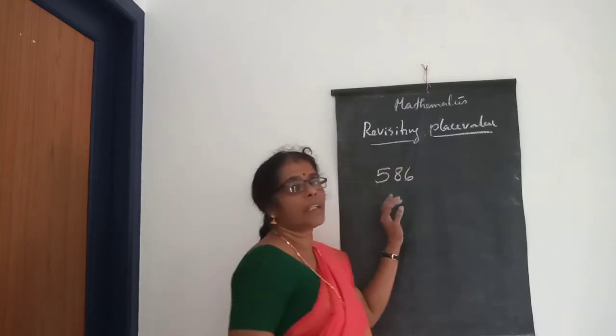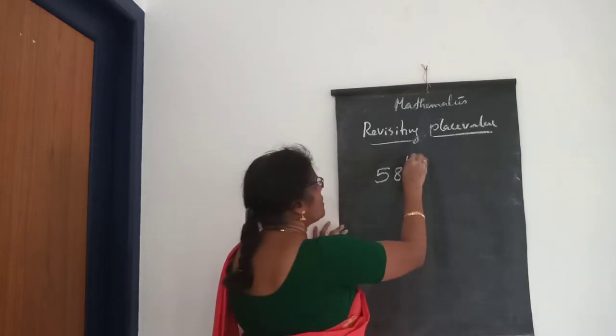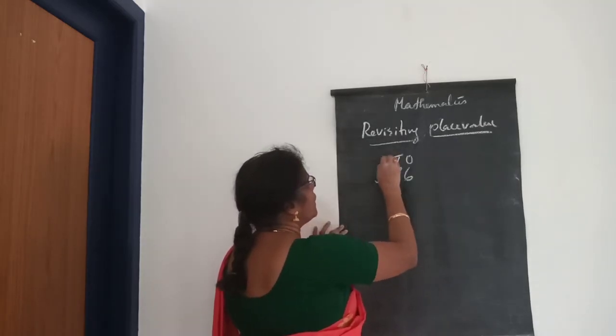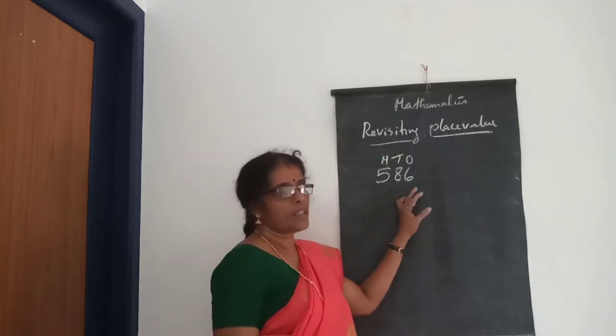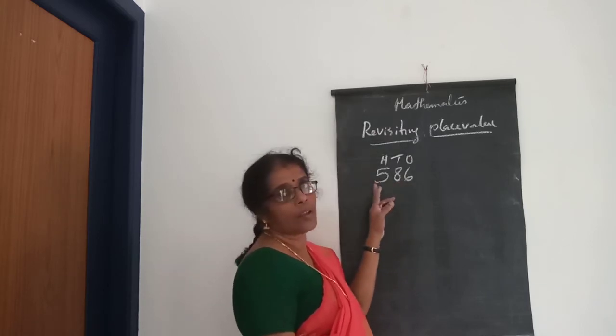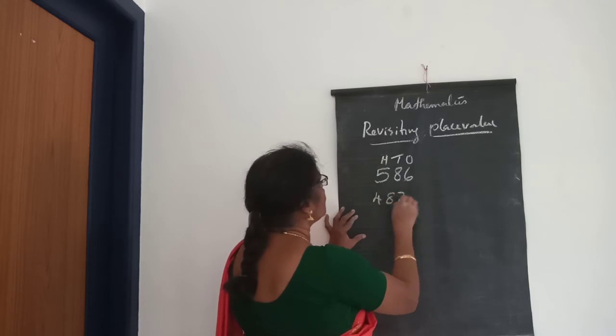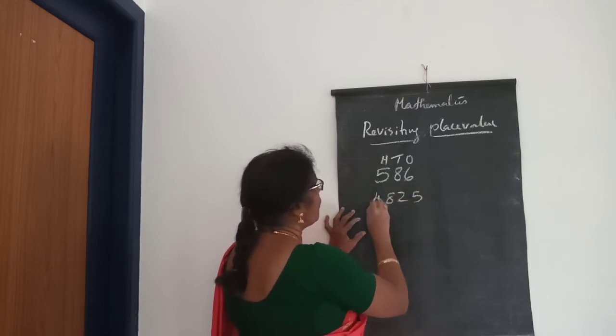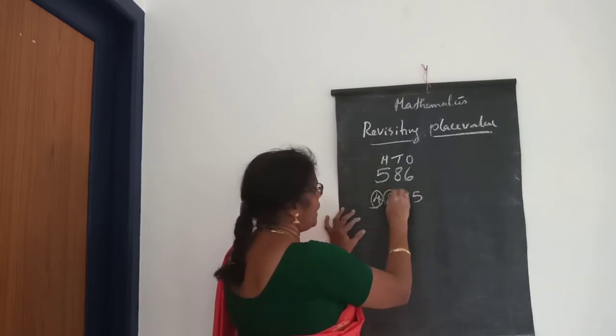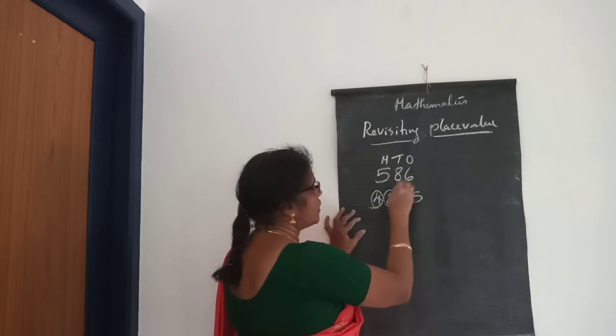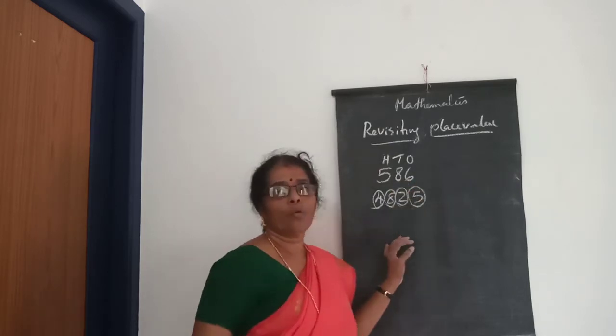In this 586, 6 ones, 8 tens, 5 hundreds. And 4,825: 4 thousands, 8 hundreds, 2 tens and 5 ones.